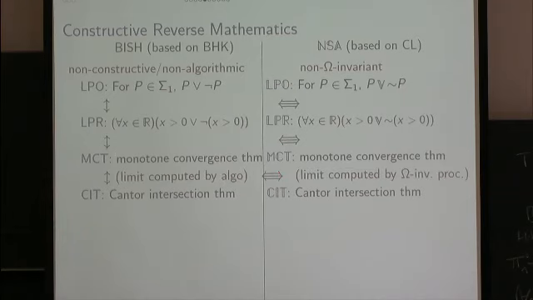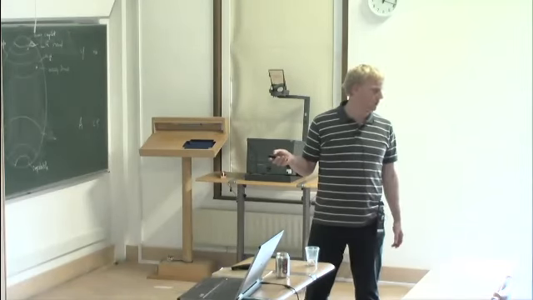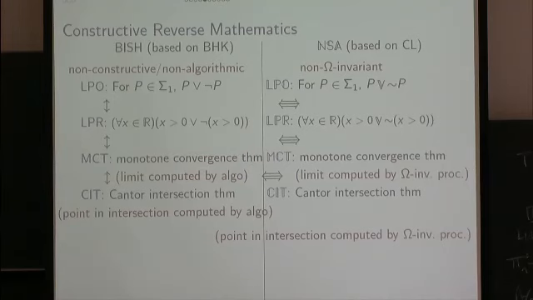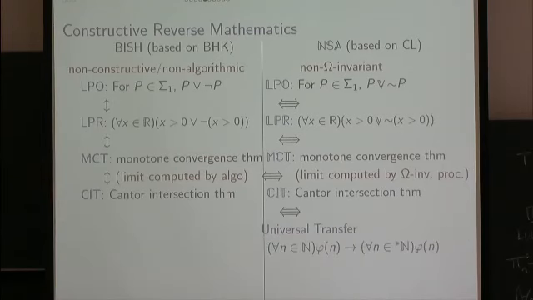Namely, here the monotone convergence theorem says that something converges, and this limit is computed by an algorithm. Here this limit is computed by an omega invariant procedure, obviously. And the same for the point in the Cantor intersection theorem. Now, these are all equivalent to this pi01 transfer, which we don't have in Blackboard NSA. So the constructivists reject this, while we reject that.